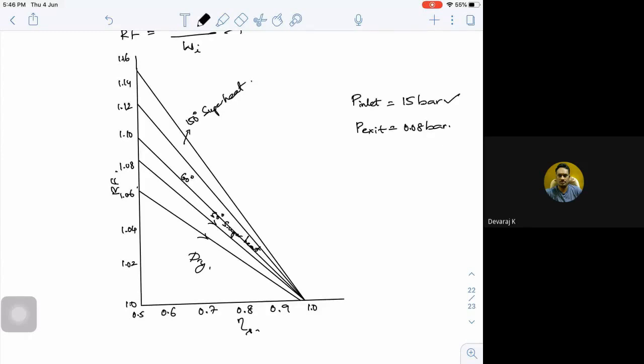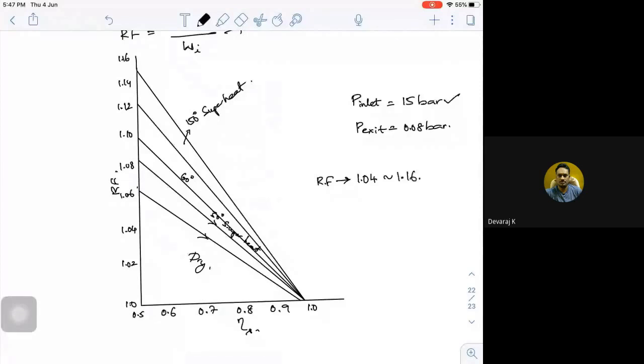So what we can tell clearly is that my stage efficiency will improve at any given point if the condition of the steam entering this stage of the turbine is higher and higher. Typically these numbers vary from 1.04 to 1.15. These are the typical numbers under which your steam turbines will work. So your RF varies between around 1.04 to 1.16.